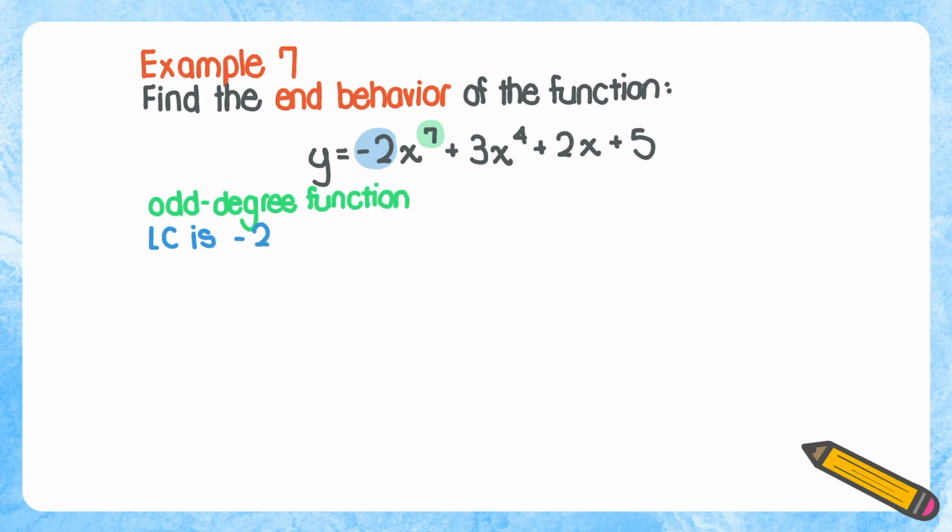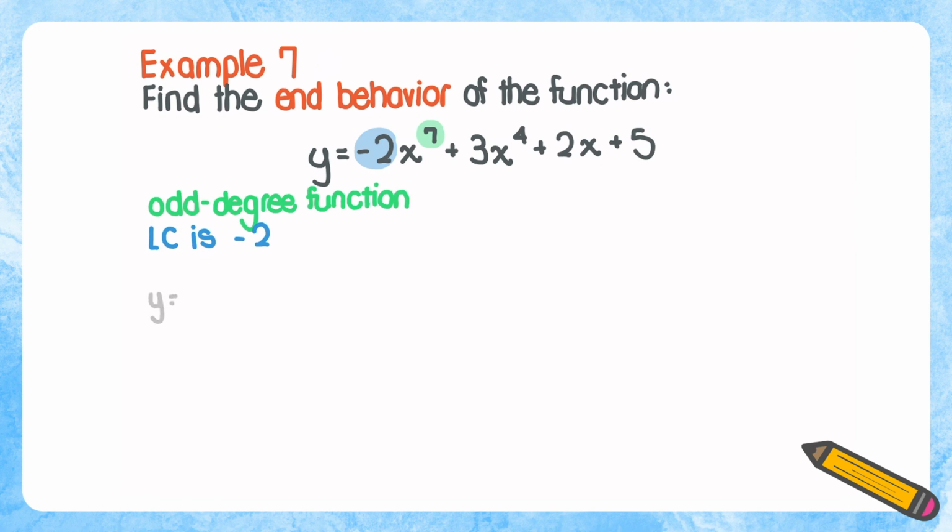I'm going to think of the most basic type of odd degree function that we're familiar with, which would be y equals x, a linear function. But then I notice here the leading coefficient is negative, so I'm going to use y equals negative x, and I'm going to sketch that to look at the end behavior.